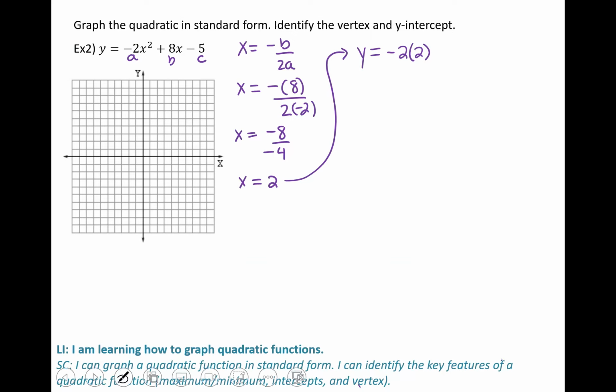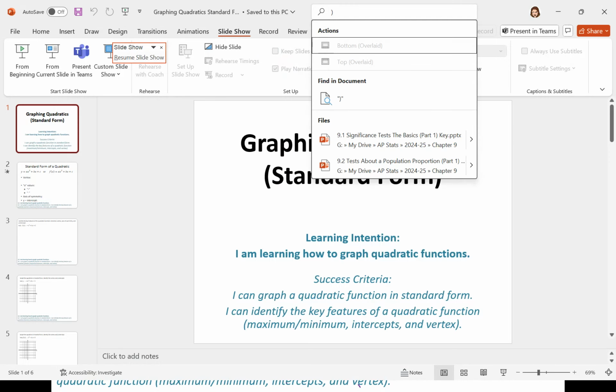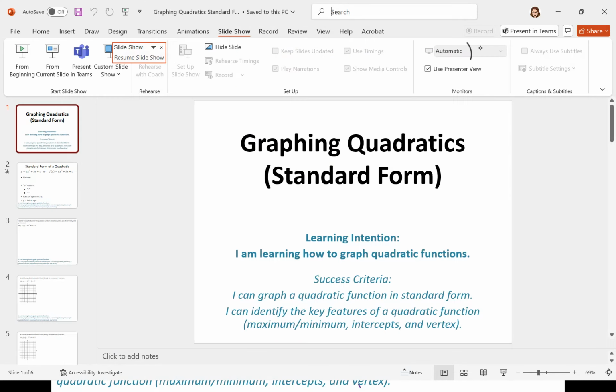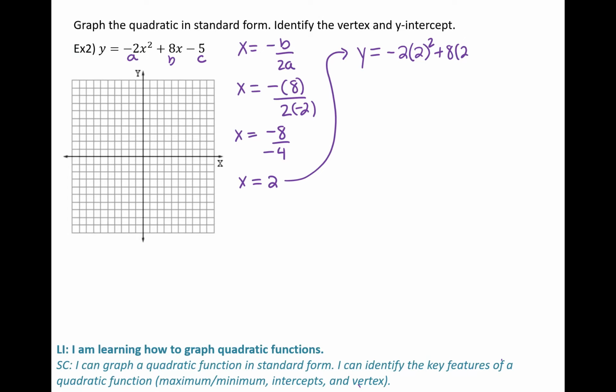Negative 2 times, replace the x with 2, squared. Plus 8 times 2, replace the x again. Let's go to the last thing, minus 5.